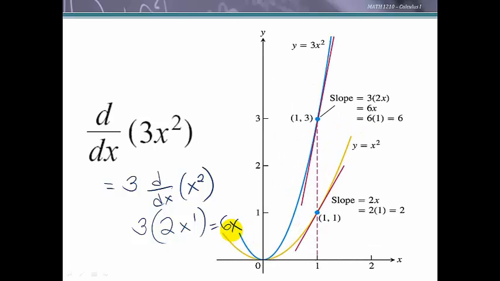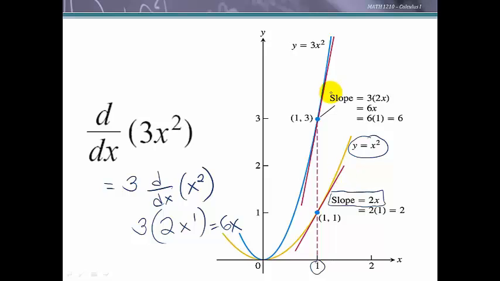Looking at this graphically, you can see that if we just had the function y equals x squared, the slope would be 2x. For a given x, for example, if x equals 1, we could substitute a 1 in here and we see that the slope is 2.